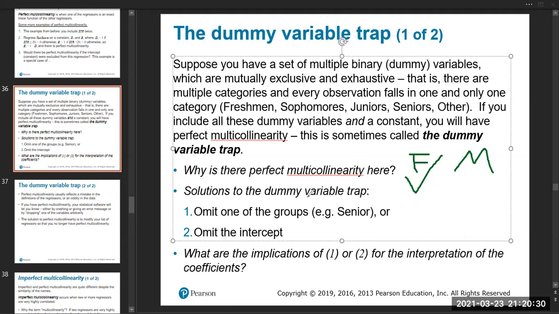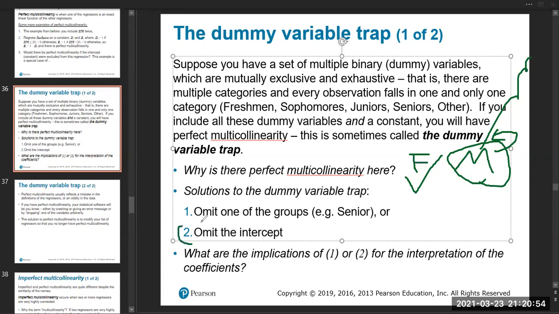If you put two of them in, then you fall into the dummy variable trap. What's the solution? Just throw one of them out. You can throw female out, you can throw male out. I just need one of them to know the gender of this person.